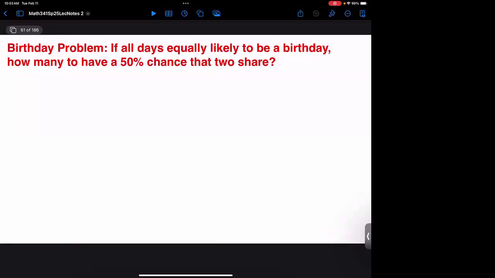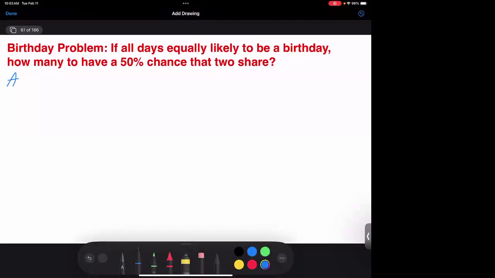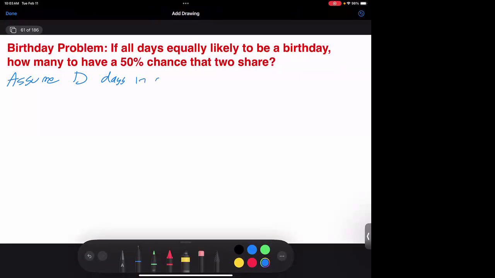And then what we can do is the more general case. Let's assume we have some number of days in the year. Anybody want to tell me what letter we should use to denote the number of days in the year? D. So assume D days in a year.